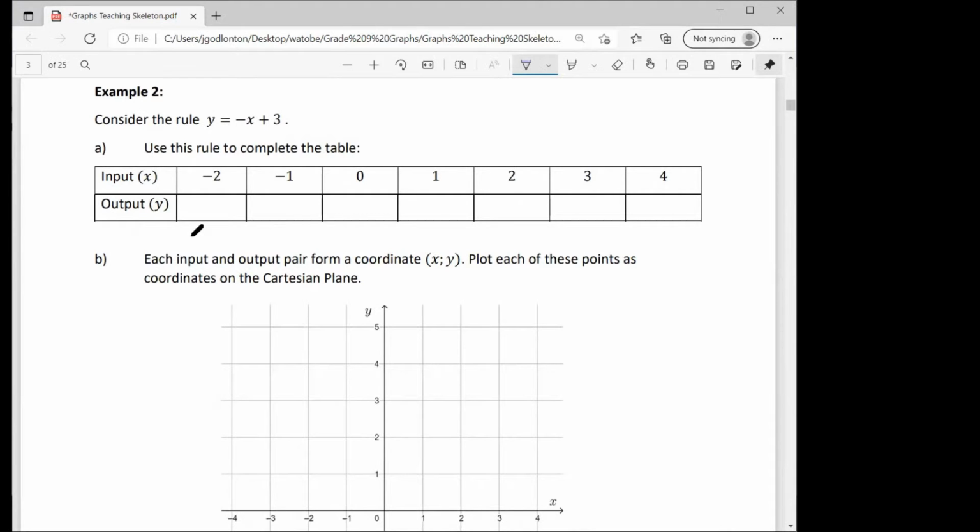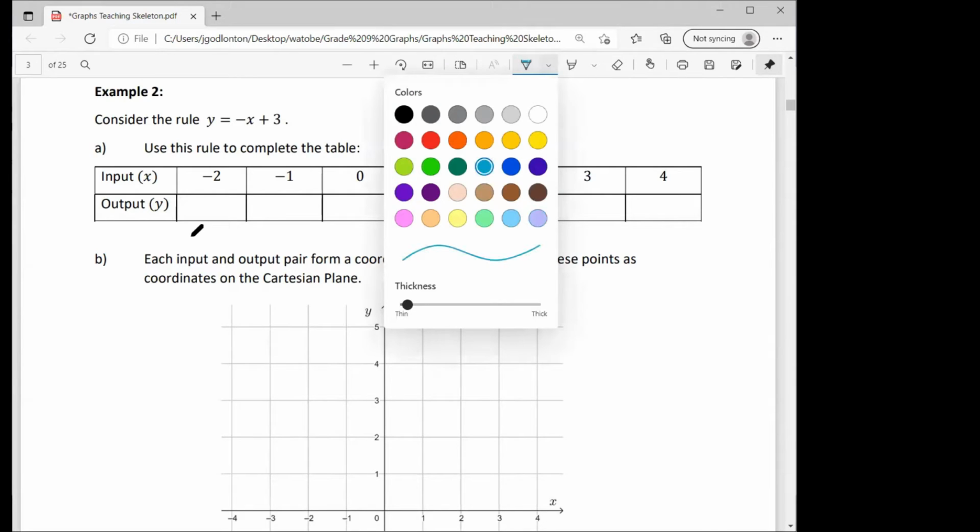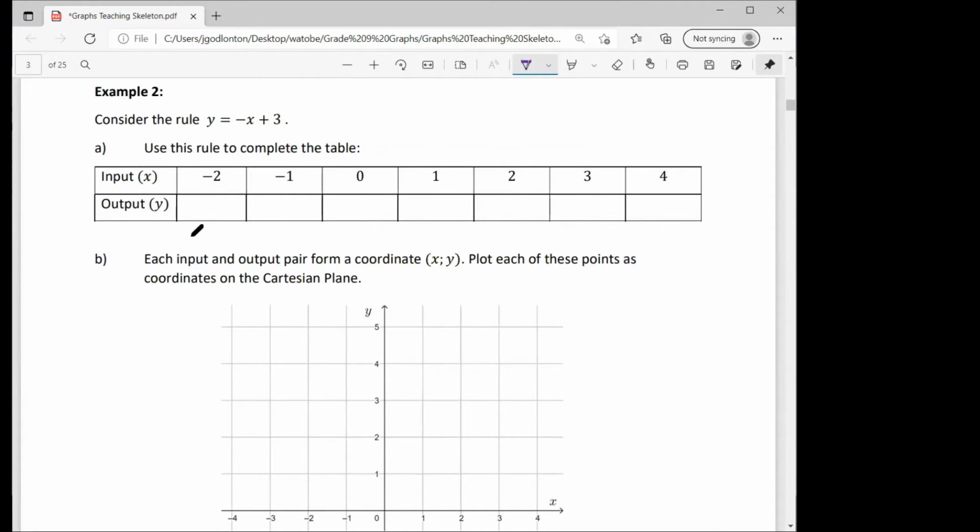Okay, when you are happy with your graphs and you're happy with what you've drawn, just let me know in the comments so that I can get an idea of where everyone is. Then I want you to think of a couple of questions for me. I'm going to use some words that we haven't necessarily used yet. Okay. Don't panic.